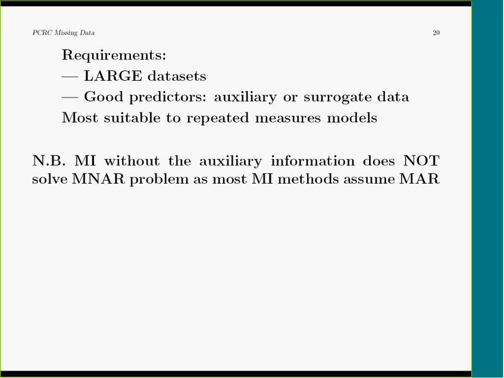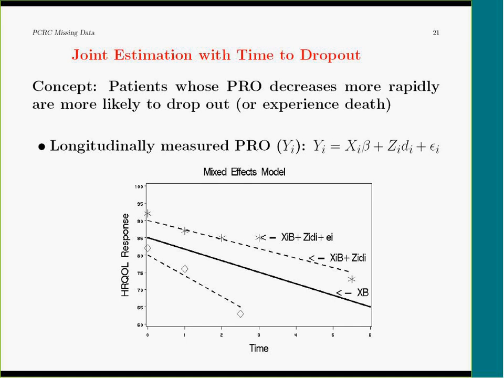There has to be something that does explain the variation in the patient reports. And if it only explains 5% of the variation of the patient reports, it's not going to be very useful. Without that ancillary information, it's just a lot of work to do multiple imputation. So you need to think that through.